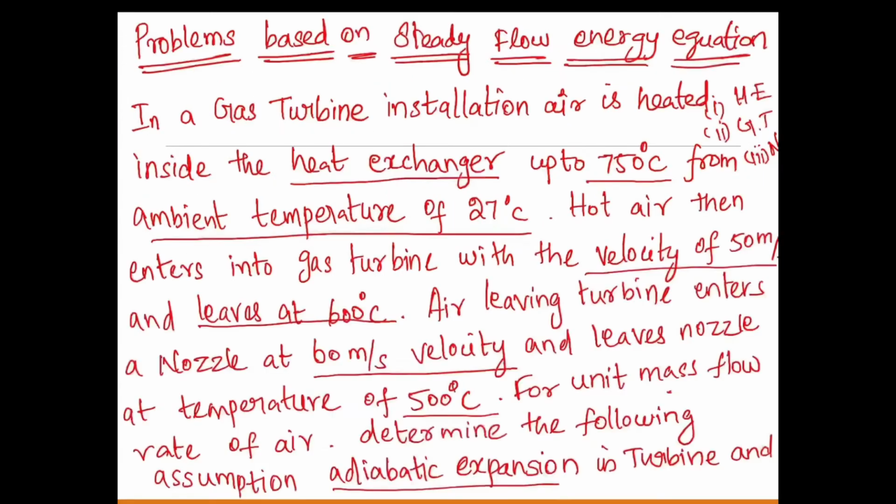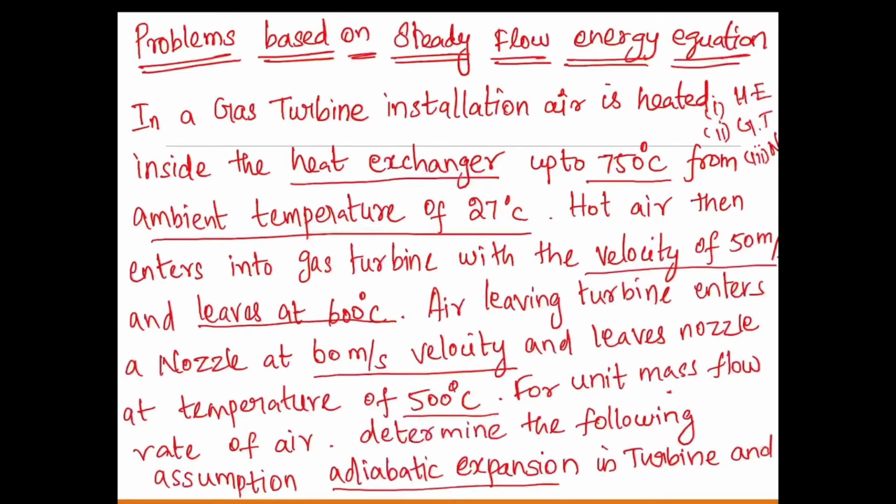So we have to analyze the problem. Here are three mechanical components: heat exchanger, gas turbine and nozzle. For the heat exchanger, 27 degrees centigrade air is converted into 750 degrees centigrade, so the two temperatures are given.